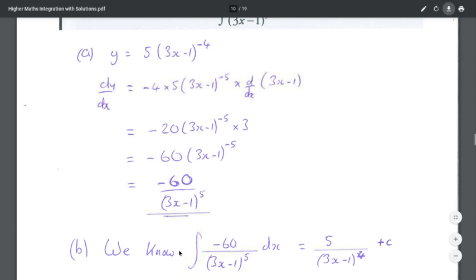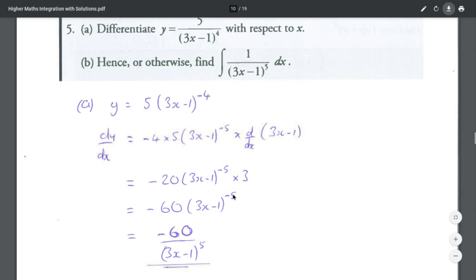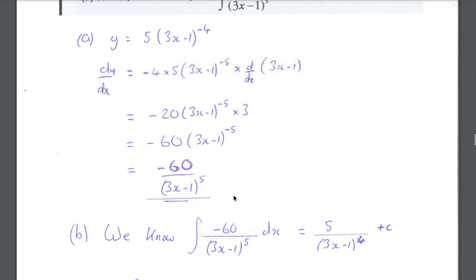So if I'm integrating negative 60 over 3x minus 1 to the power 5, I know I will get 5 over 3x minus 1 to the power 4. Why do I know that? Because in part A I've differentiated this, and I've got this. So if I integrate this, I will get back to this, and of course I will need my constant of integration on there, as we always do.